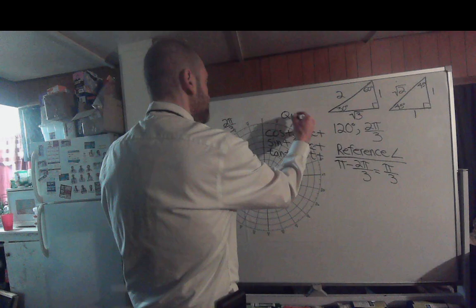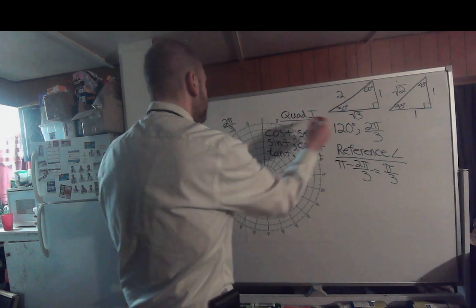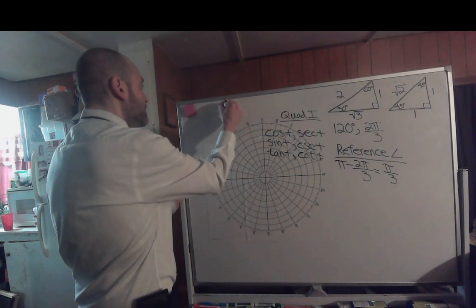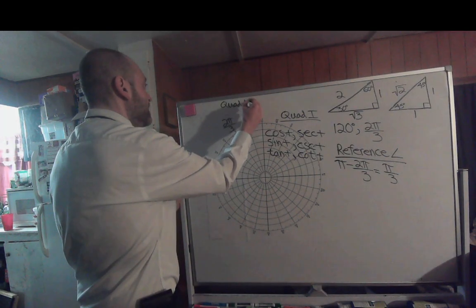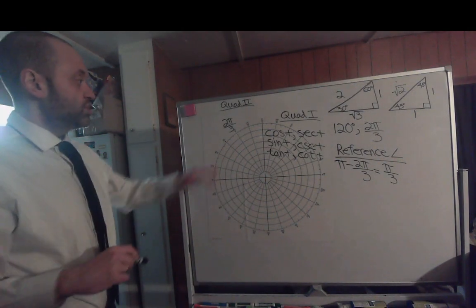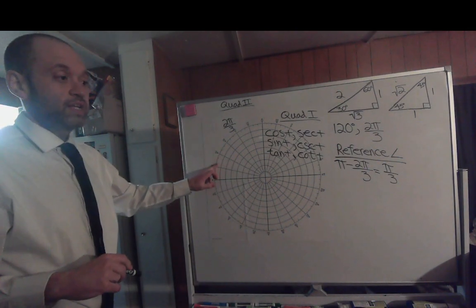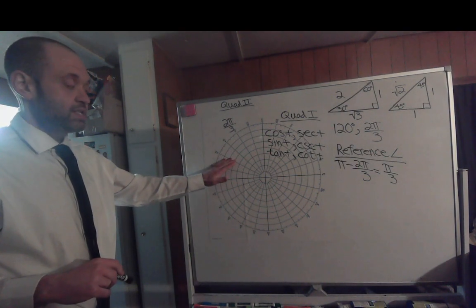In fact, let me label the quadrants here. This is quadrant 1. Here's quadrant 2 up here to the left. So 2 pi over 3 you're actually going to treat like a 60-degree angle, only it's going to be in the second quadrant.